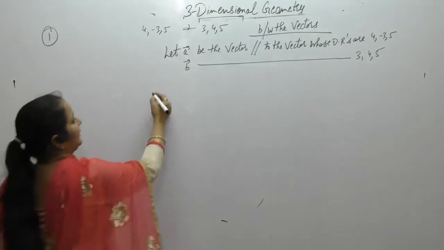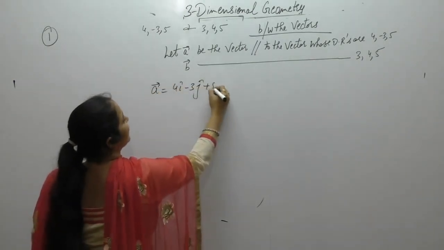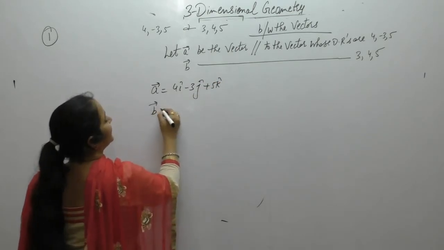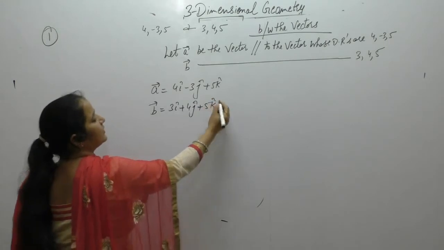Then the parallel vectors are given: A is 4i minus 3j plus 5k and B vector is 3i plus 4j plus 5k.